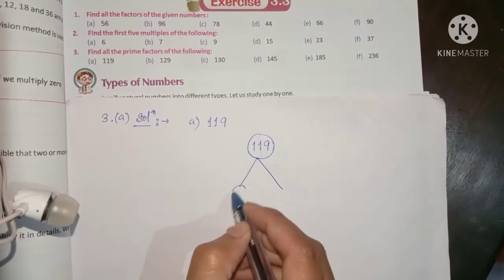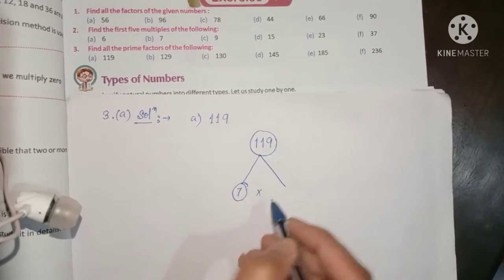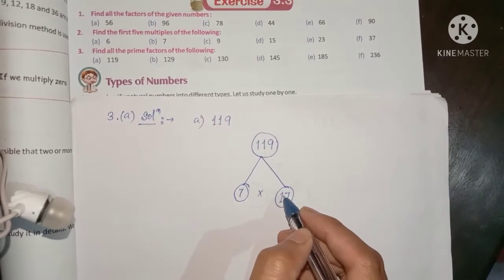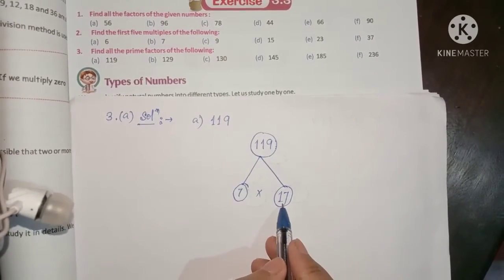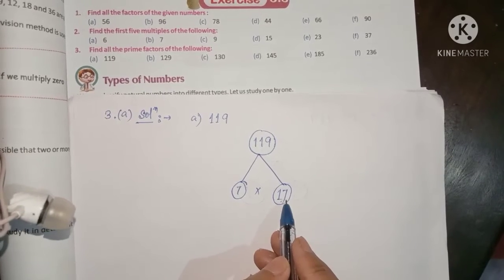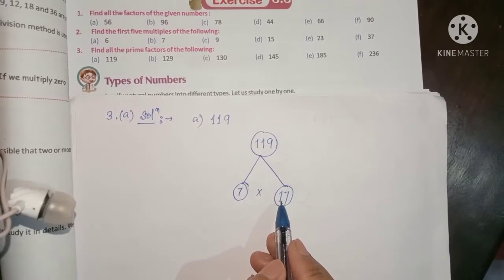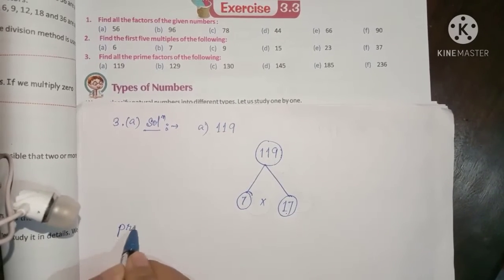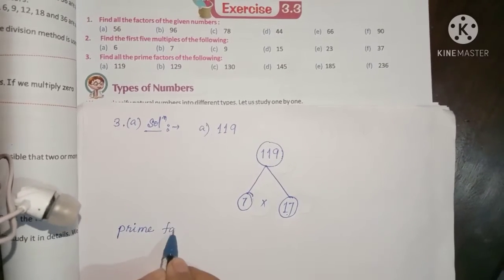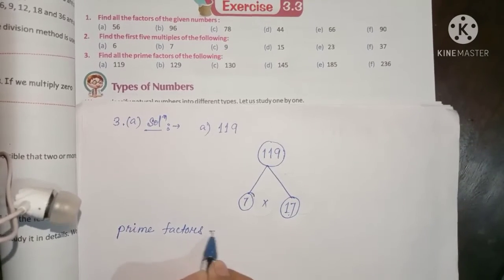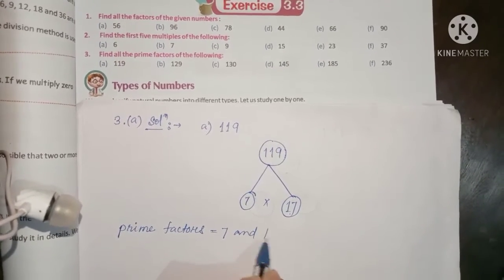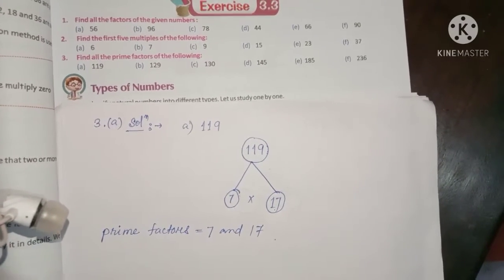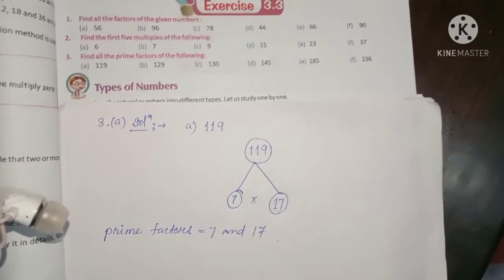So it is divided by 7 into 17. 17 sevens are 119, and 7 and 17 both are prime numbers, so this cannot be divided any further. So for 119, the prime factors are 7 and 17. Okay, understood? Next I will discuss question number F.